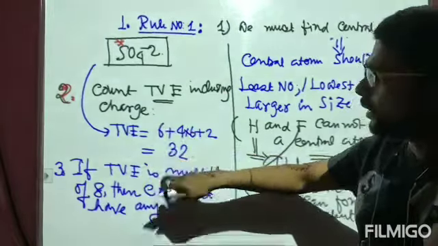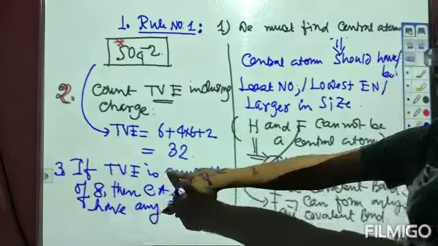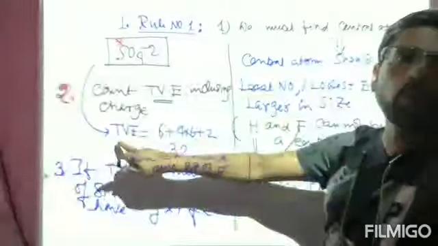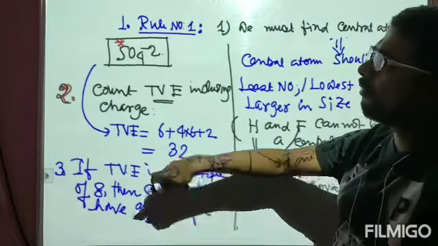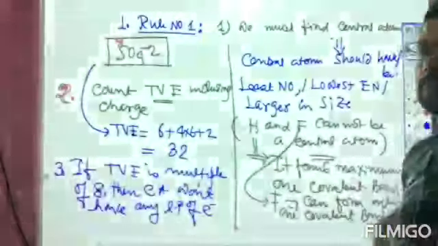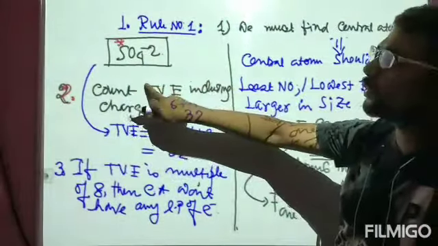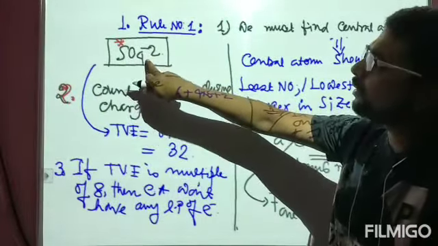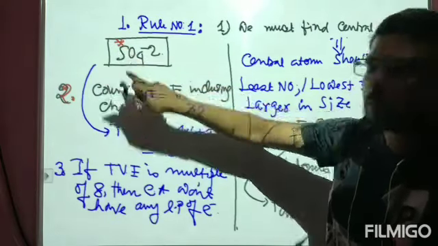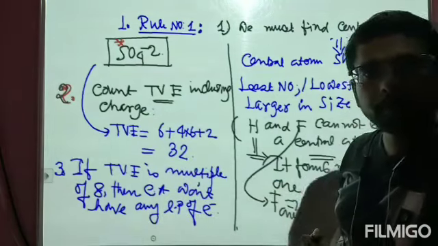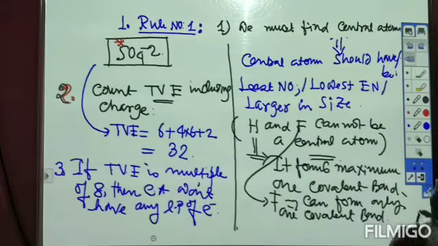In this case it is 32, a multiple of 8, so there won't be any lone pair on the central atom. In the case of SO4 minus 2, there will be no lone pair on sulfur, because 32 is a multiple of 8.